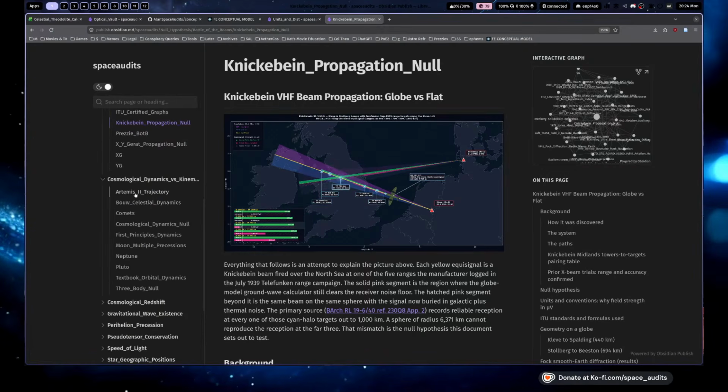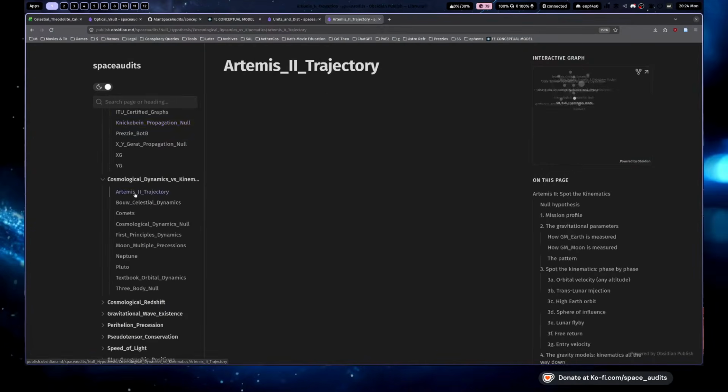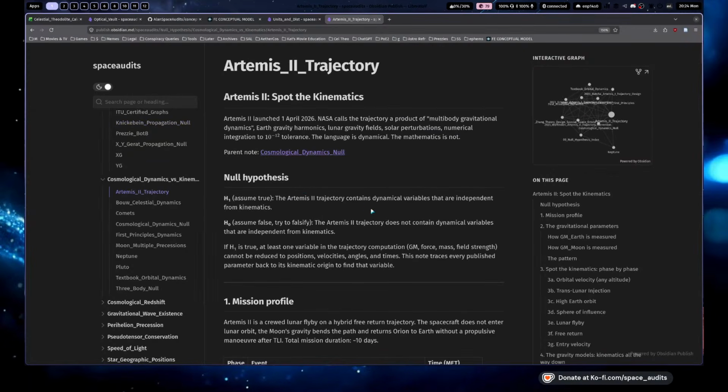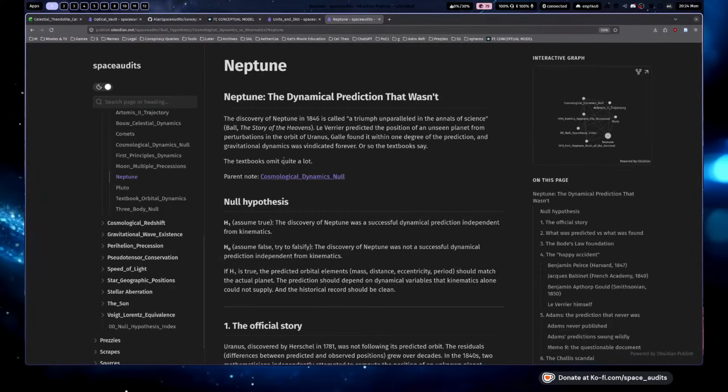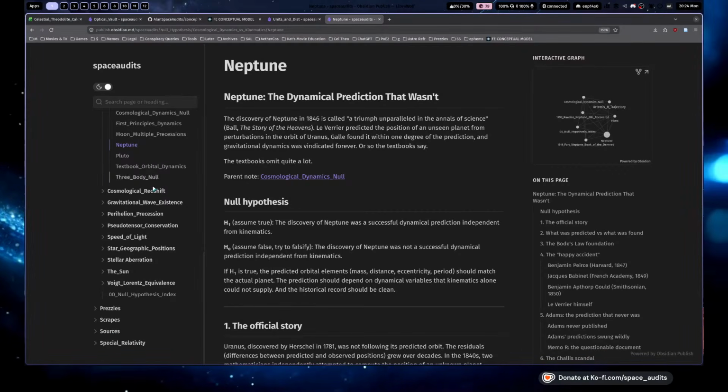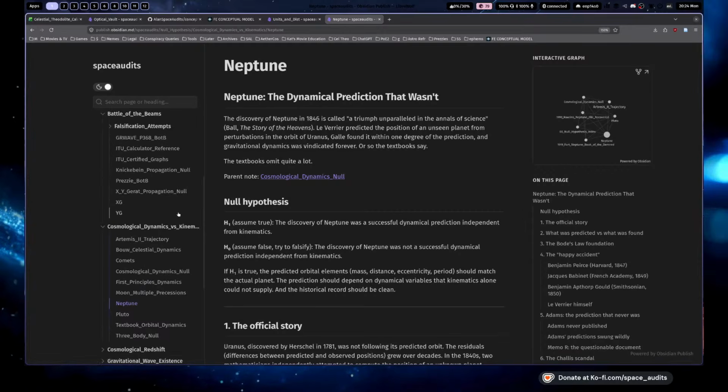And then we have cosmological dynamics. Were any mutually exclusive gravitational values or masses used for plotting Artemis's trajectory? Was Neptune truly discovered through Newtonian dynamics, etc. So we have different null hypotheses that we're going to be going over at different episodes.